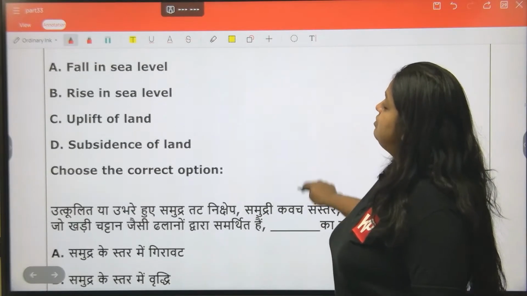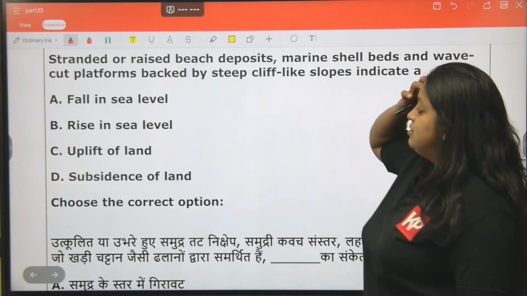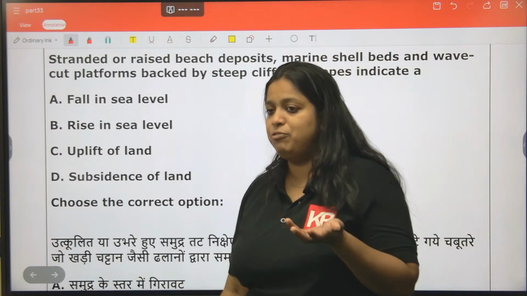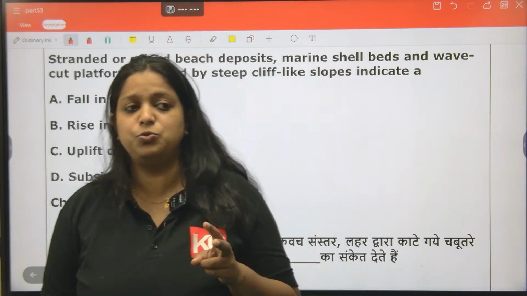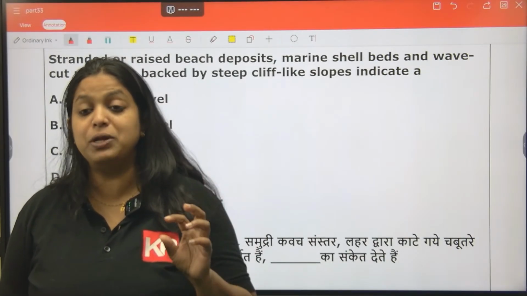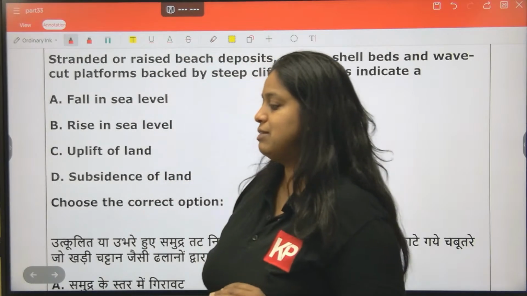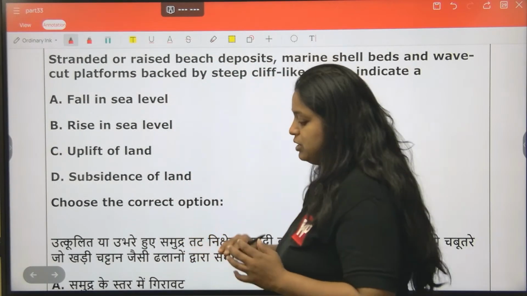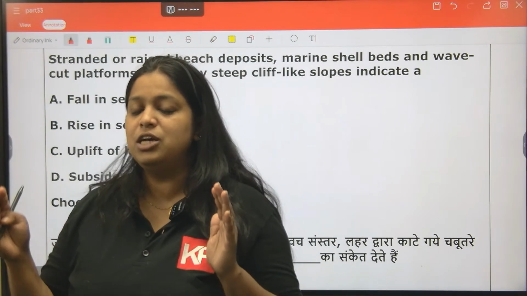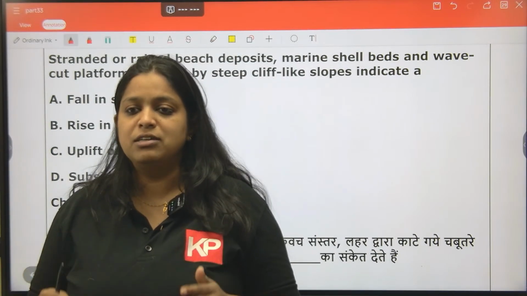A means falling sea level, C means uplift of land. Falling sea level or uplift of land, both are situations which cause a decrease in the accommodation space. In sequence stratigraphy, we use the term accommodation space, which defines the space present for the deposition of sediments.